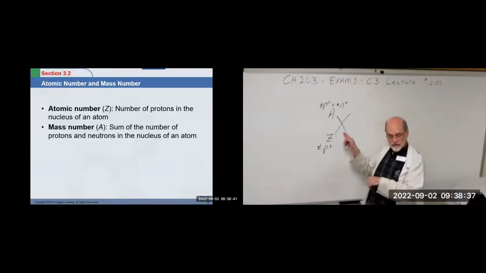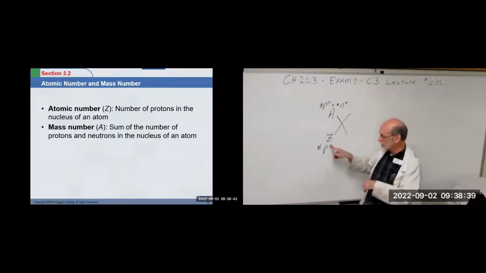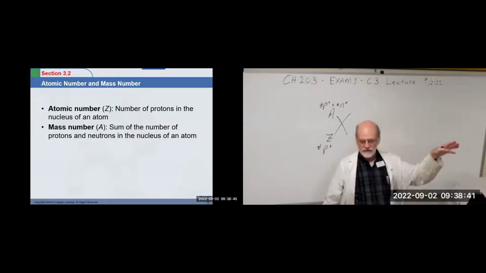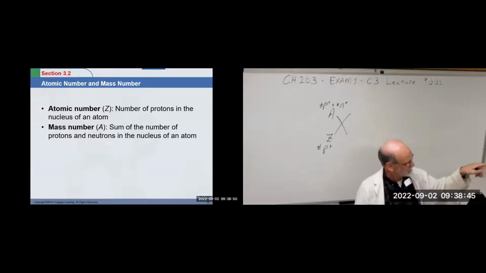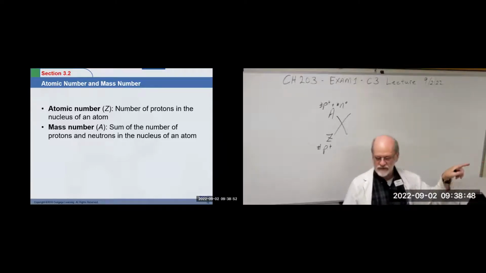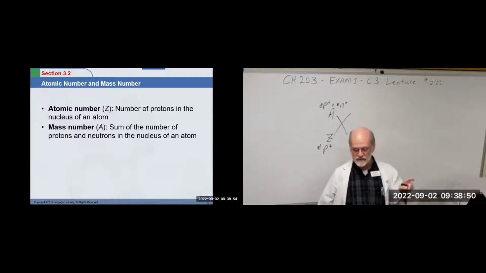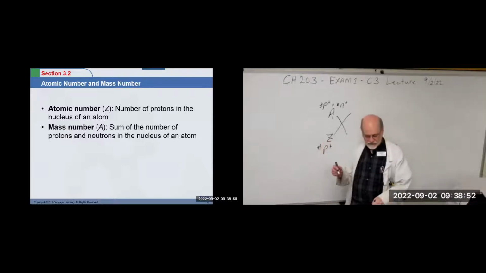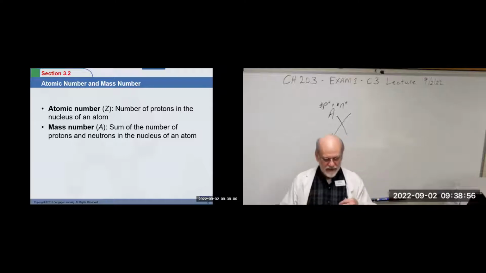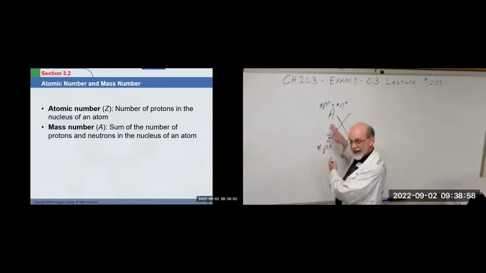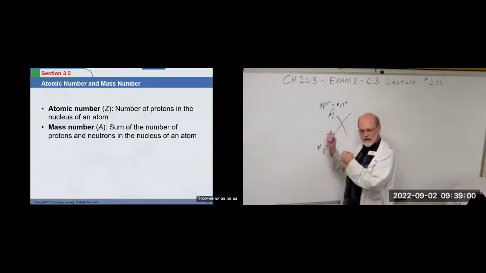Because if we know the symbol, it's easy to find the number of protons. Just look on the chart. Find the symbol, and on that chart, the red numbers to the lower left of each symbol, that's the number of protons. That's the Z number. But if a question comes up on a test and it refers to these values, then you know they need to go in there.